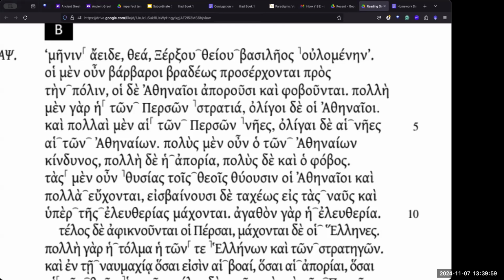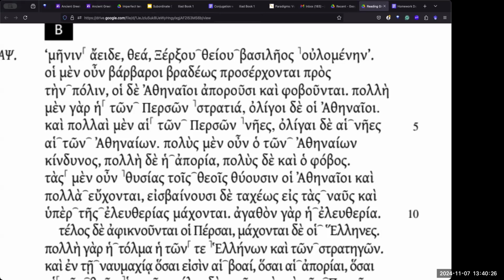So it's eta, so aporousi, ēporoun. So the Athenians ēporoun kai ephobounto, right? So what's happening is you're just switching out the endings.